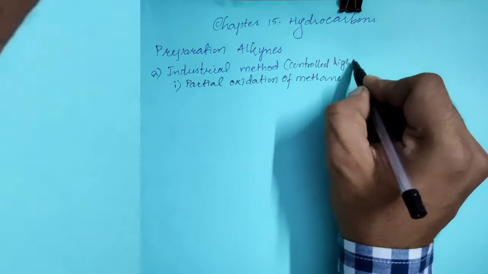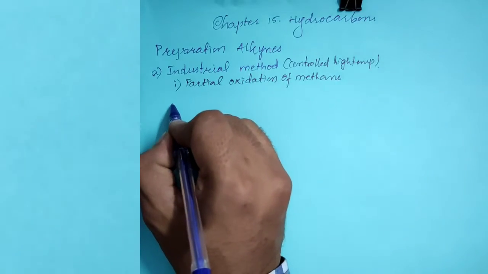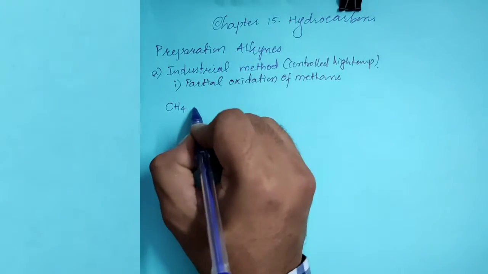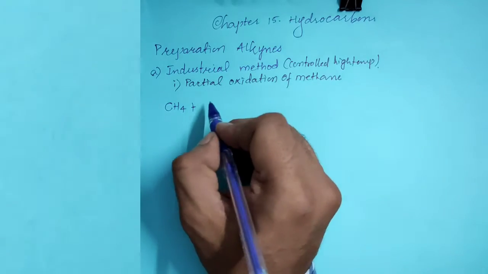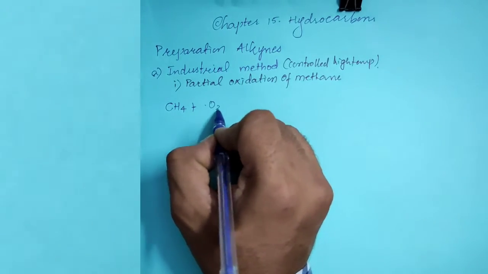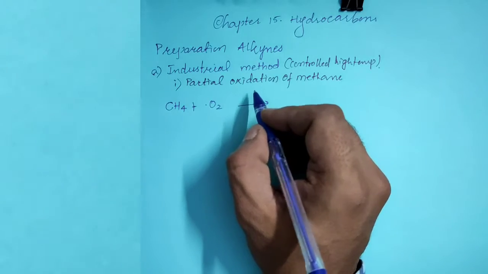Controlled high temperature partial oxidation of methane. See the reaction carefully. Methane, CH4, is heated at a very high temperature, 1773 Kelvin. It converts into acetylene, carbon dioxide and hydrogen gas.